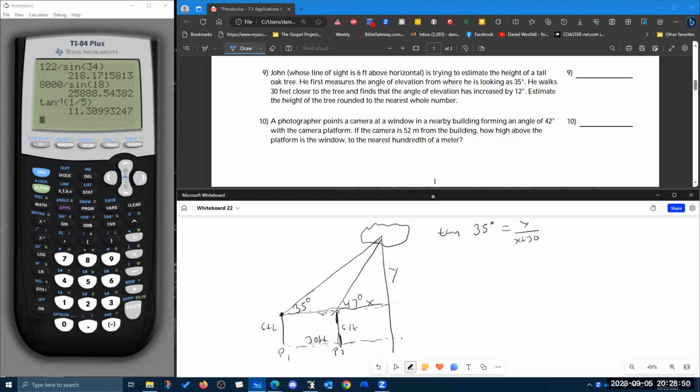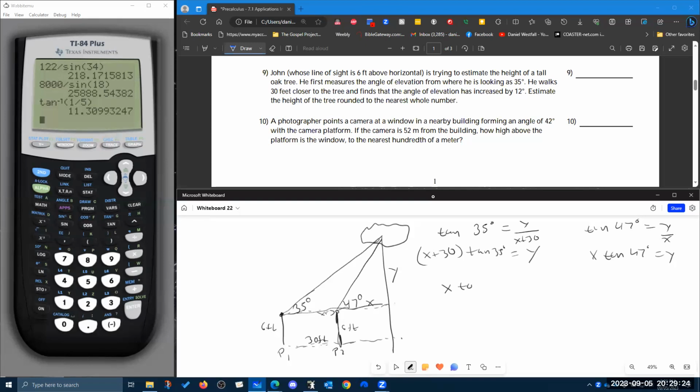And tangent of 47 degrees is equal to y over x. So x tangent of 47 degrees is equal to y, and x plus 30 tan of 35 degrees is equal to y. And since they're both equal to y, I can set them equal to each other.